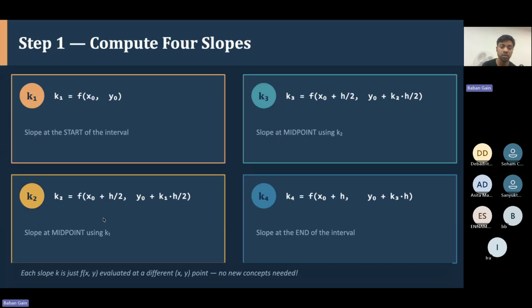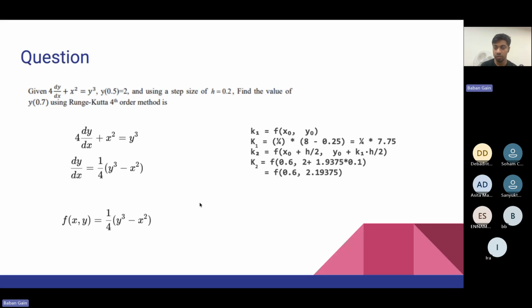For K2, you have to consider K1 multiplied by H divided by 2. So basically, you have to consider X0 plus H divided by 2. What is H here?